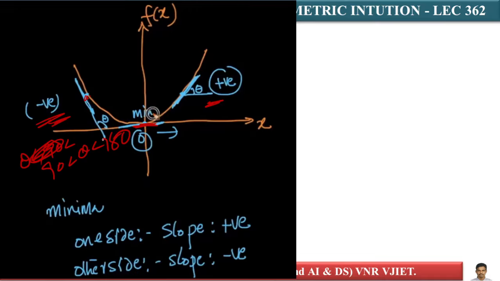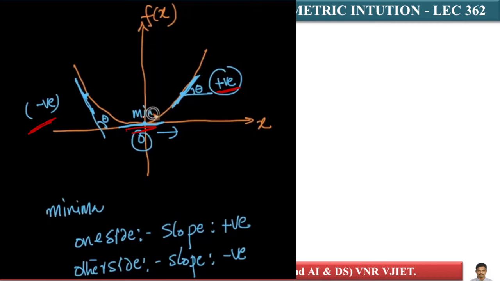So what happens is, around the minima, on one side the slope is positive. On the left-hand side of the minima, you will get a negative slope, isn't it? This side the slope is negative, this side is positive, and at this point it is 0.